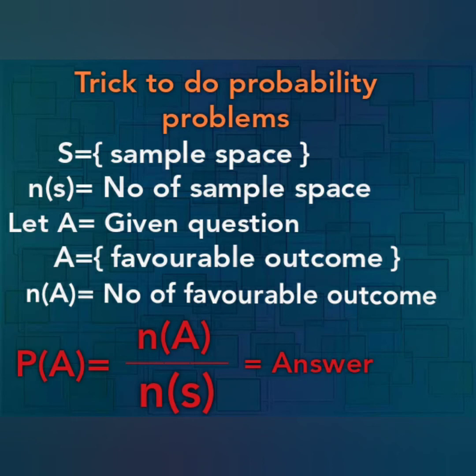Then the answer, P of A, the probability of A, is equal to n of A divided by n of S. That is the answer. So first find the possible outcomes, that is the sample space, n of S, let A, n of A, and the answer P of A is equal to n of A divided by n of S. Follow these steps for all the problems to get the answer easily.